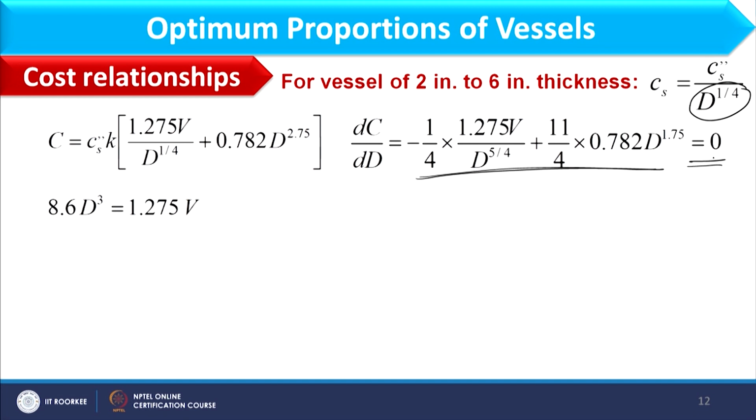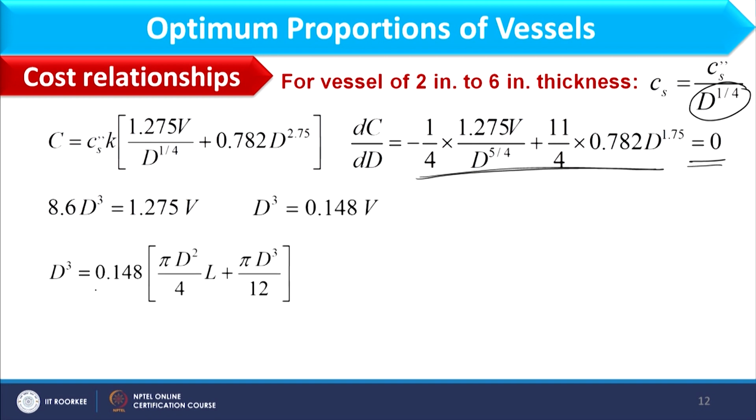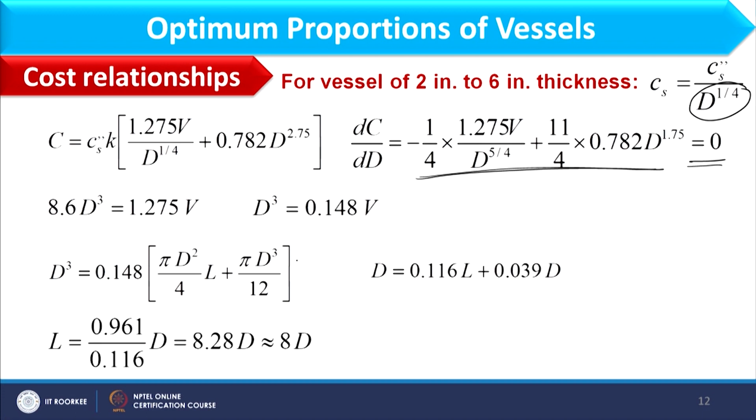In that case we have found that 8 by 6 D cube will be equal to 1.275 V, and then D cube we can find in terms of L as 0.148 bracket pi D square by 4 L plus pi D cube by 12. Further resolving this we have the L by D ratio as 8. So, when I have vessel thickness from 2 inches to 6 inches we have an L by D ratio of 8. In that way we obtain the optimum L by D ratio for a cylindrical vessel when ellipsoidal heads are placed over it.